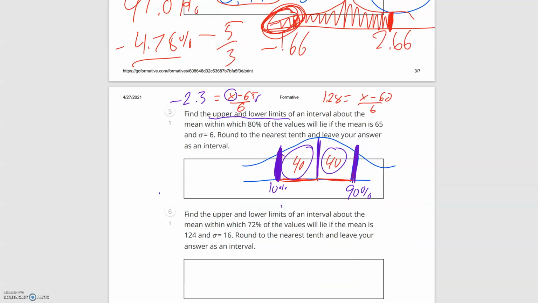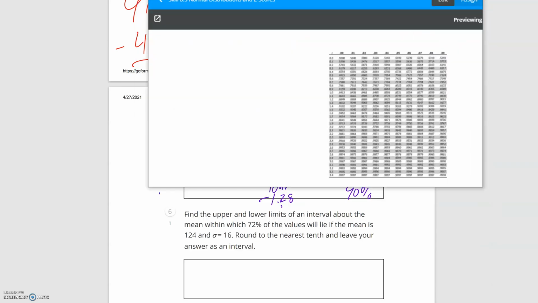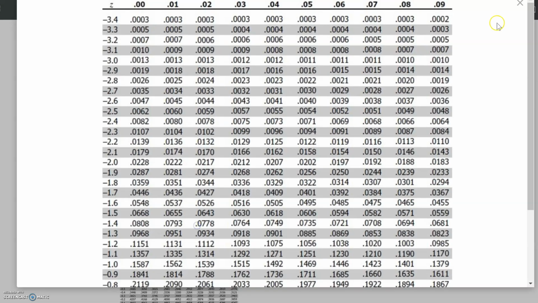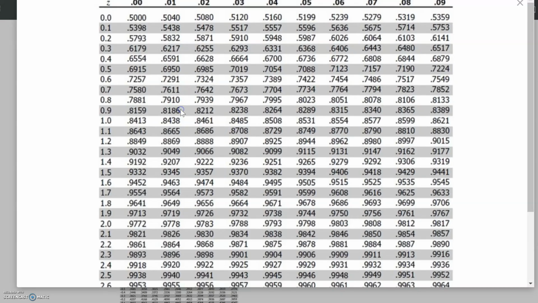So let me move that over. Right there, this is negative 1.28. Now if I look for the 90%, I'll go to the positive version of the table, because I need to be to the right of it. I'm looking for 90%, and this is where it gets interesting: it should be the exact same, just positive, which it is. 1.28 is really close to 90%.